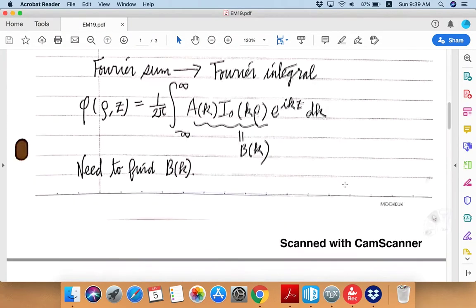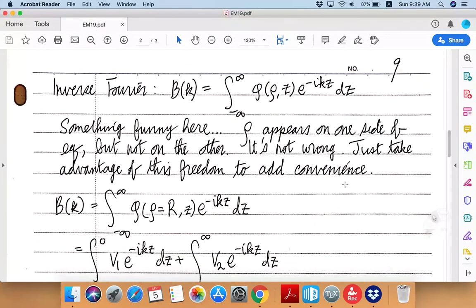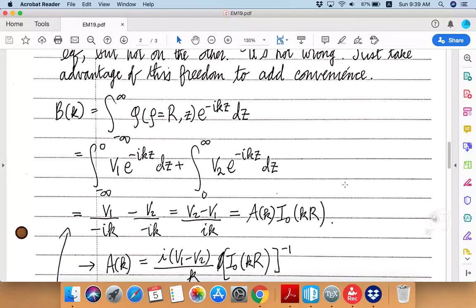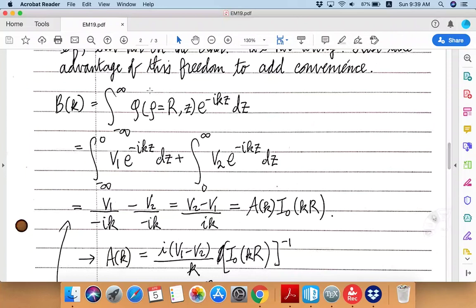All right, so then we will take advantage of that knowledge and say that if we choose rho to be the radius of the cylinder, then for the negative side, this potential function reduces to a constant V1.